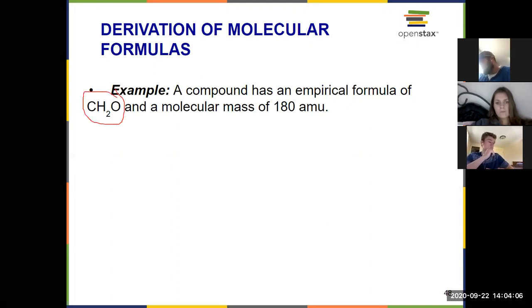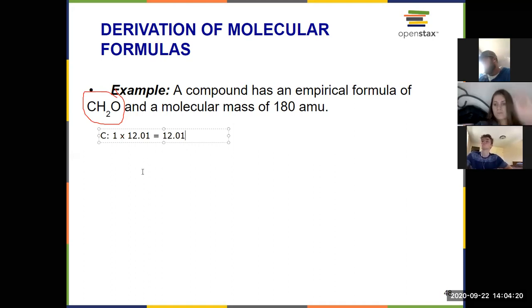So I have carbon, I've got one of those multiplied by its atomic mass, 12.01. I have hydrogen, two of those times its atomic mass. And then I've got the oxygen, only one of them multiplied by its atomic mass.